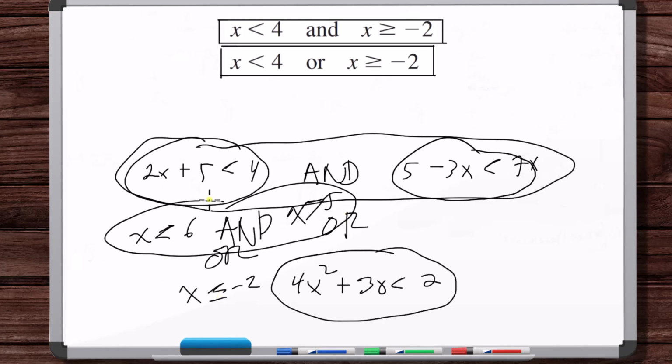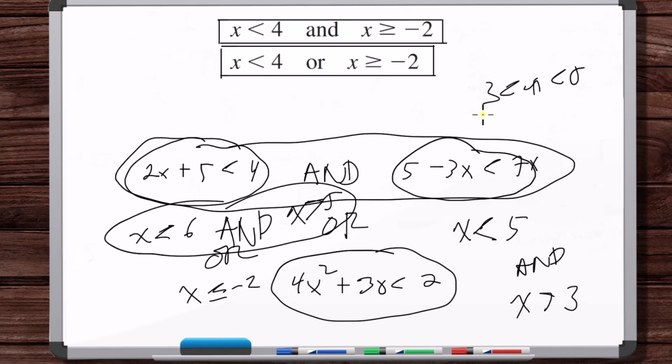Like if there's overlap, there might be overlapping. So you could say if you had x is less than 5 and x is greater than 3, well, then you could write this as a compound. You could do it like that, right?